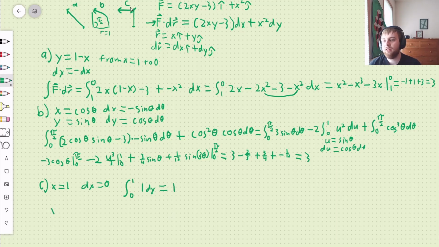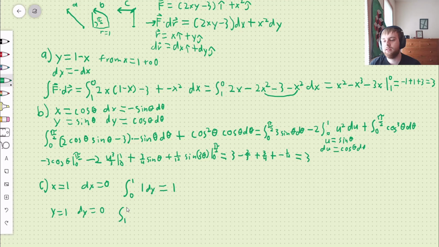And then for the other section here, from here to the end, y is equal to 1 and dy is equal to 0. For this one, we're integrating with a dx, so we're actually going from 1 to 0 as far as x is concerned.